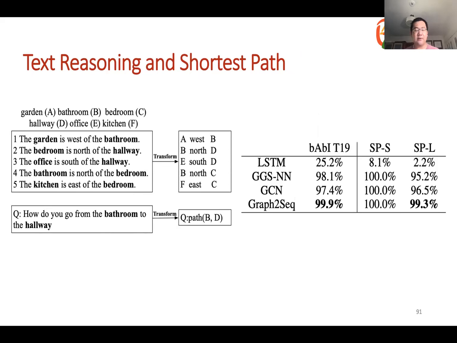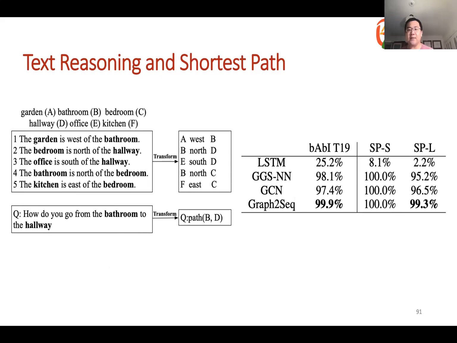This is a task introduced by Facebook around 2015 or 16, and the original purpose was to test the reasoning capability of deep learning approaches. As you can see, there are multiple sentences that lead a model to reason over them in order to get the answer. With this information, we can formulate a graph and then generate a path. For example, how do you go from the bathroom to the hallway?